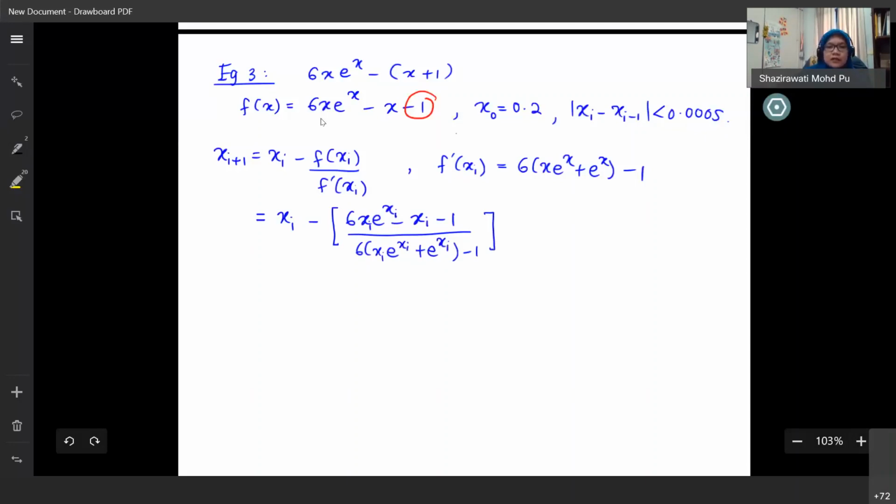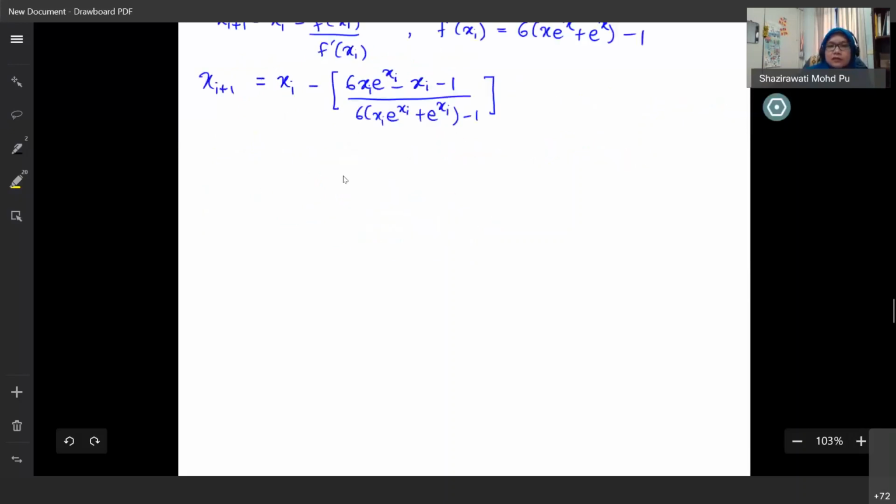That is your x_{i+1}. This is the governing formula that you need to use in your calculation. In your notes, the solution is given in terms of a table, but I'm going to show you how the manual calculation works.